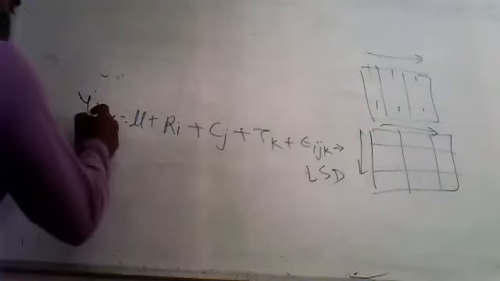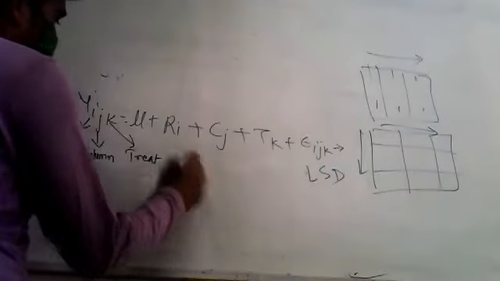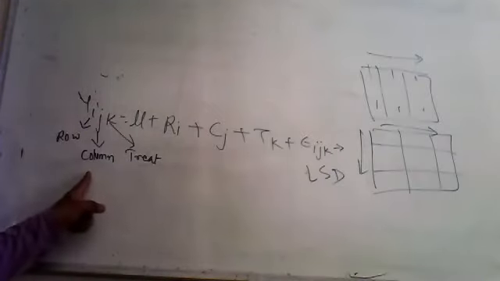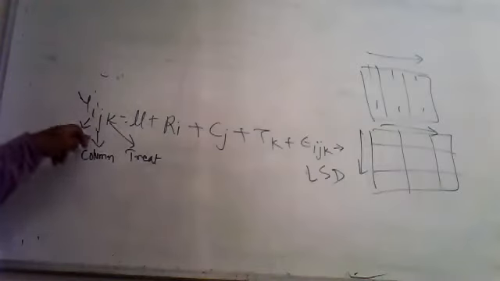In this, Yijk is the response. I denotes the row, J denotes the column and K denotes the treatment, okay. So Yijk is the response of kth treatment in ith row and jth column.